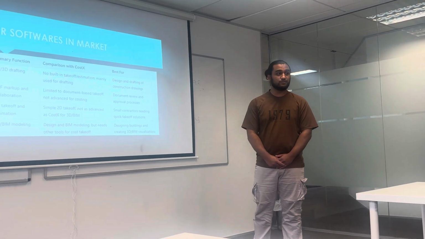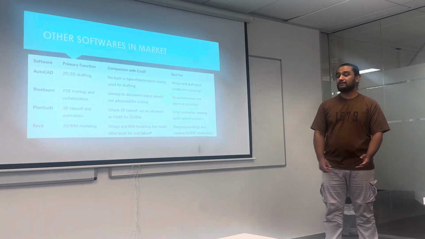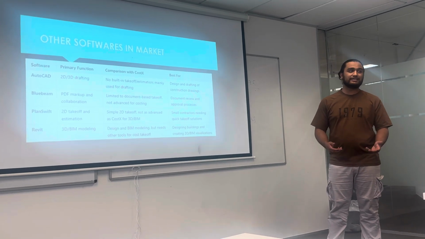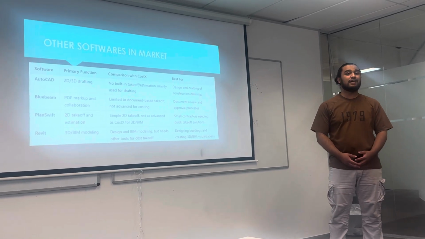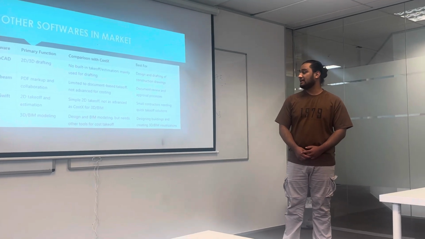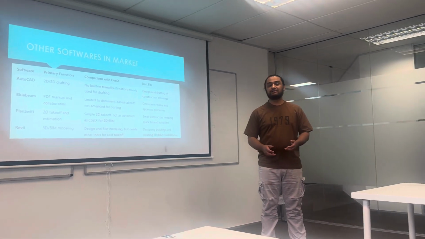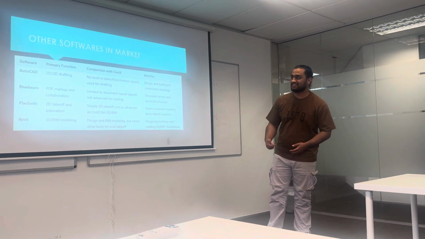For PlanSwift, for small contracts needing a quick takeoff, it is an easy option. And thirdly, Revit is for designing buildings and creating 3D visualization, which is a bit advanced, so it's not that popular in the construction industry.